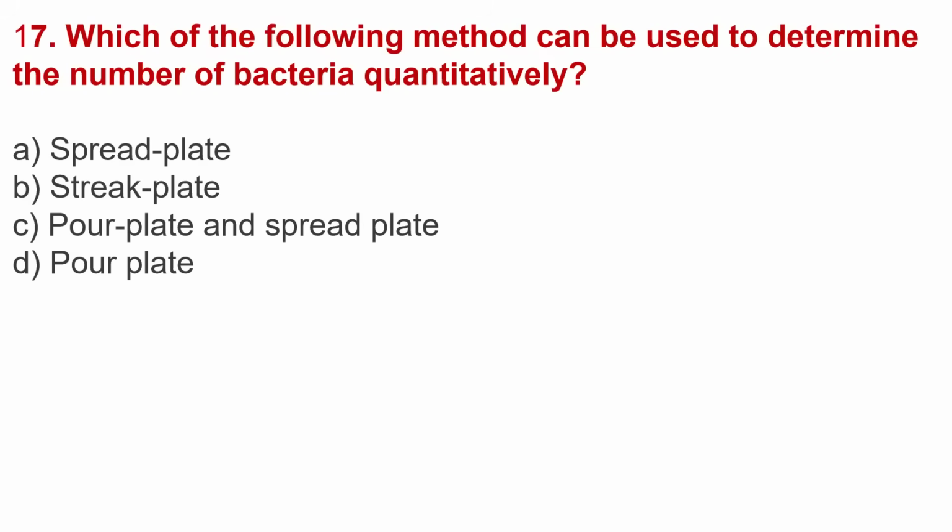Question 17: which of the following methods can be used to determine the number of bacteria quantitatively? A, spread plate; B, streak plate; C, pour plate and spread plate; D, pour plate.